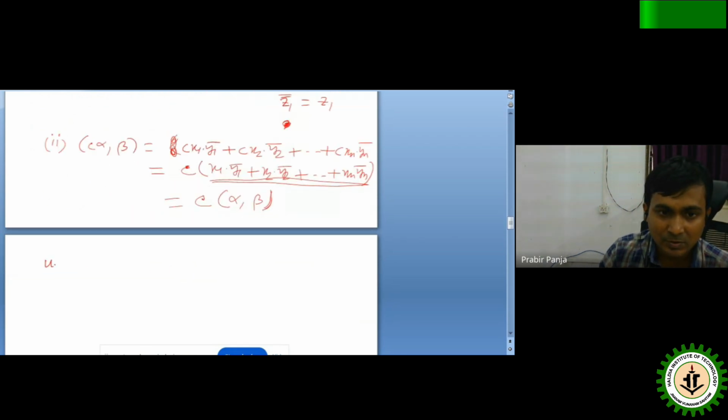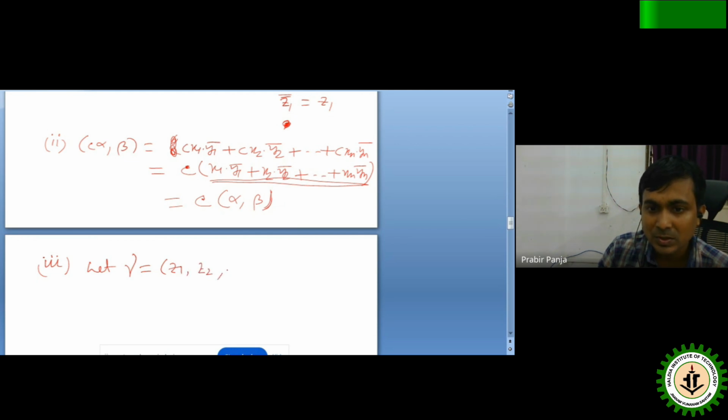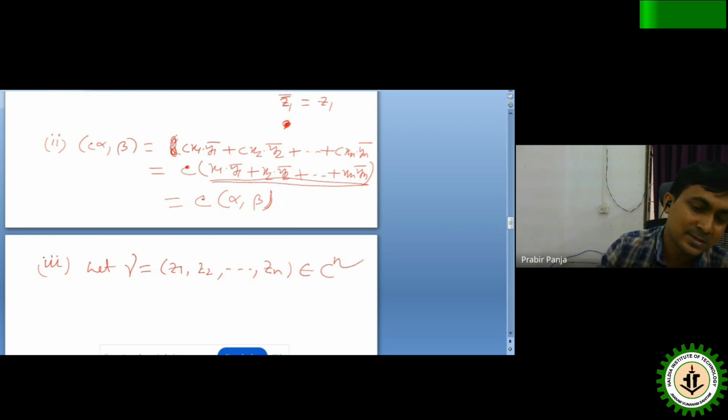Now we'll go for condition number 3. Let us take another new vector here, gamma, which is Z1, Z2, and this way up to Zn, from the n-dimensional complex space Cn.